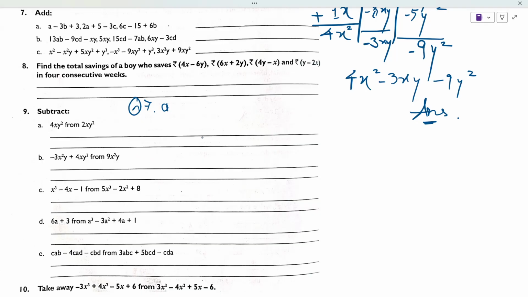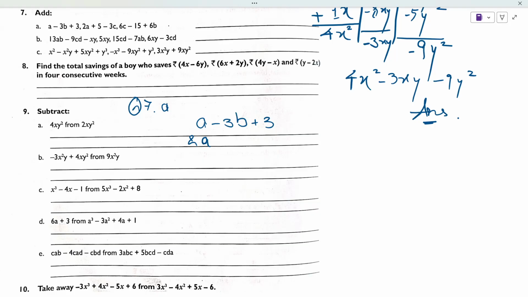As in we see a minus 3b plus 3 is the first expression. Now when we are writing the second expression, we can go by the column method. So 2a, all the like terms can be written in a vertical column, one below the other, which will make the process easier, less confusing.